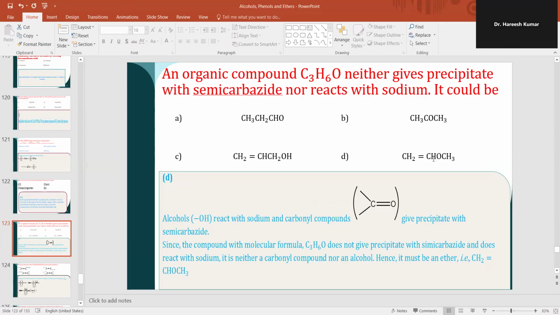Ether will be the product because an alcohol OH reacts with sodium, and a carbonyl gives precipitate with semicarbazide. Since the compound of molecular formula C3H6O does not give precipitate with semicarbazide and does not react with sodium, it is neither a carbonyl compound nor an alcohol, hence it must be an ether.